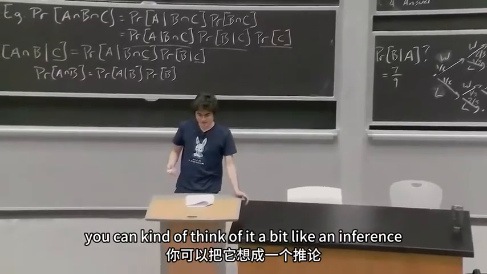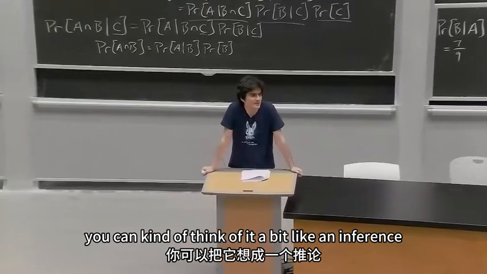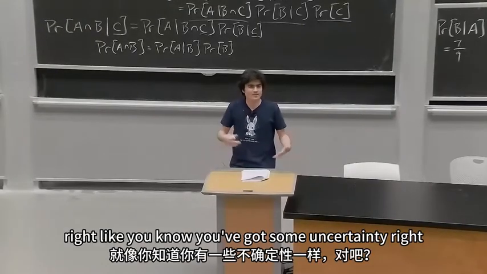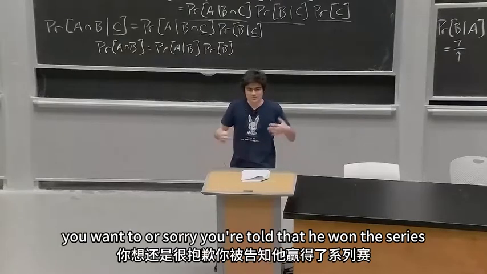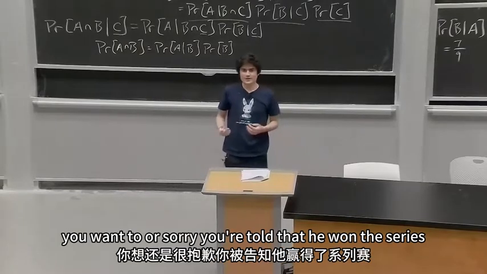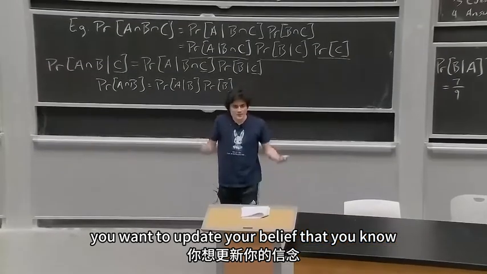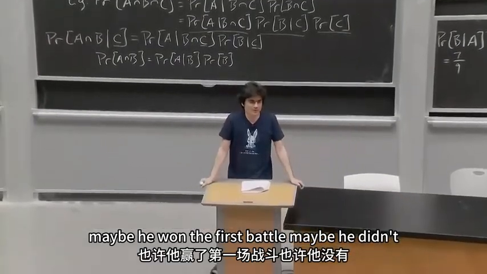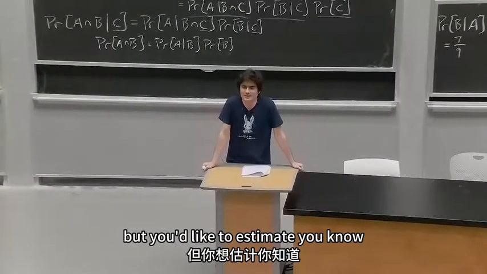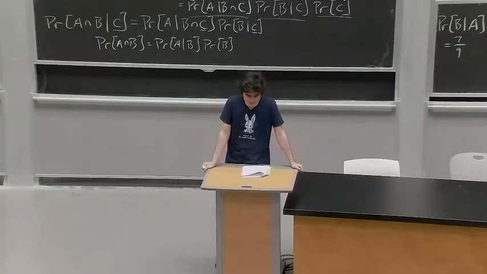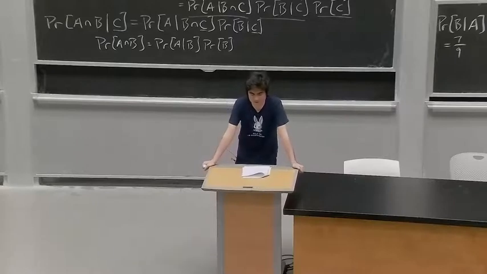You can kind of think of it a bit like an inference. You've got some uncertainty. Maybe you're told that he won the series. You want to update your belief that maybe he won the first battle, maybe he didn't, and maybe you're not entirely confident in it, but you'd like to estimate how confident you should be. That might be one way to think about it.